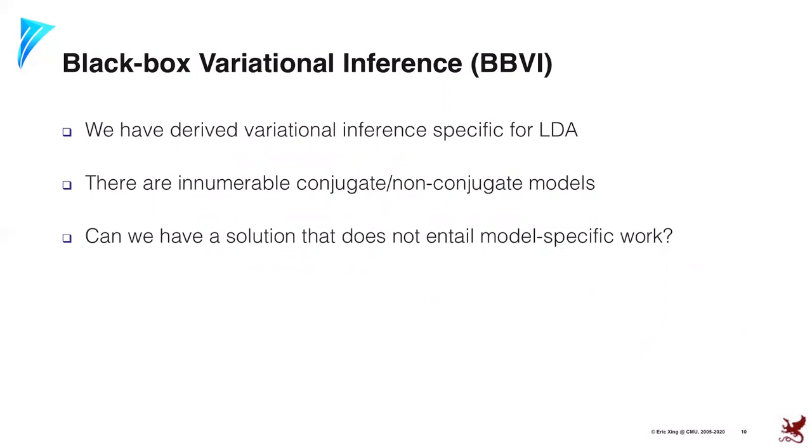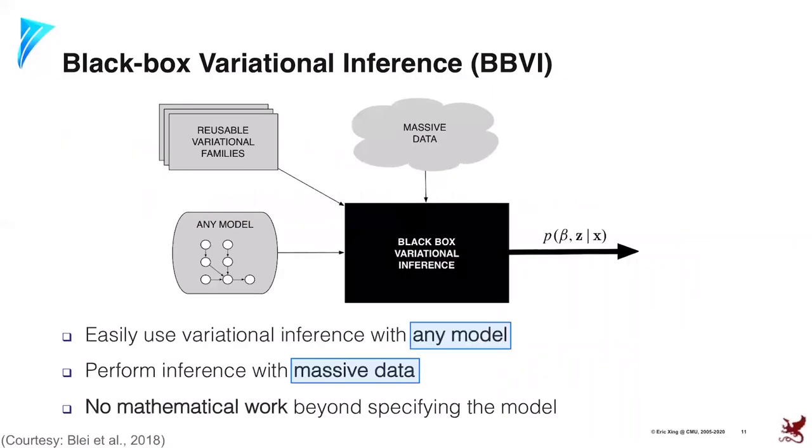This solution can serve as a black box which outputs a variational distribution when given any model and massive data inputs. This method is called black box variational inference, BBVI.